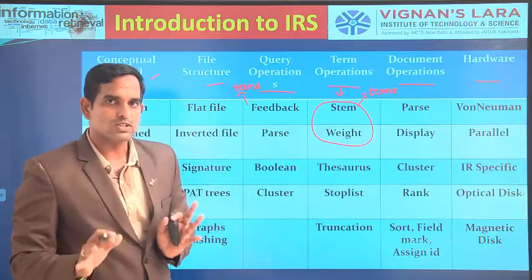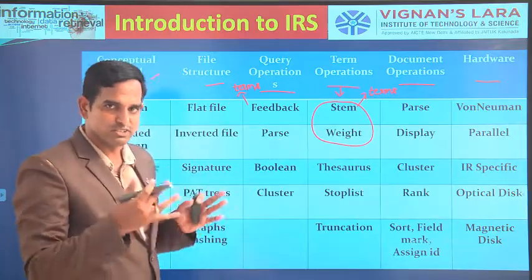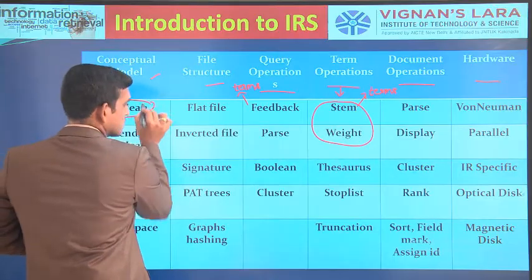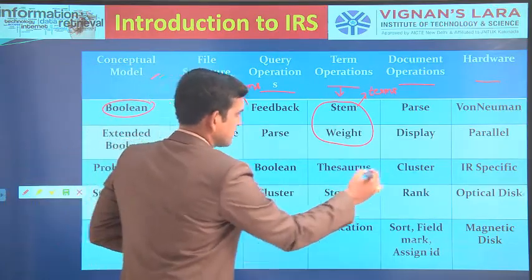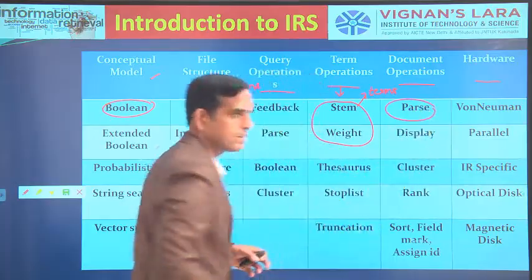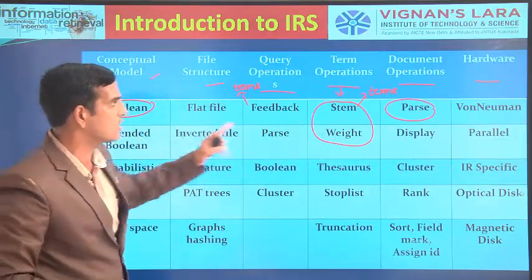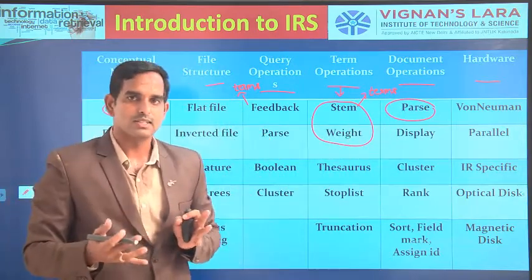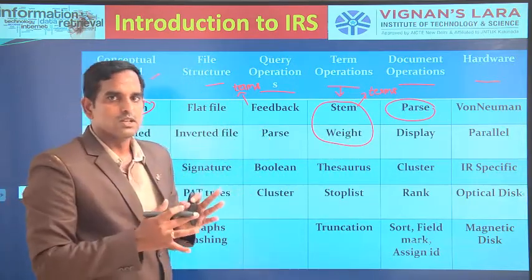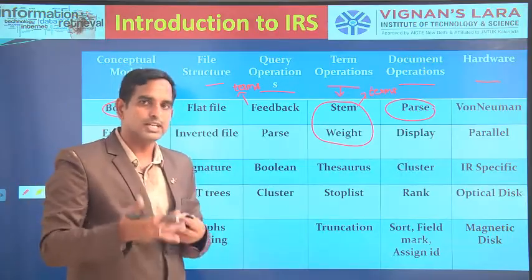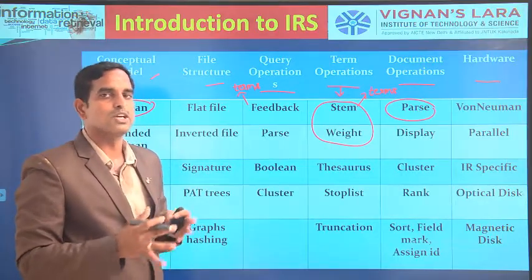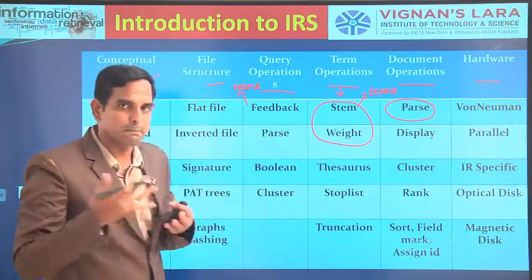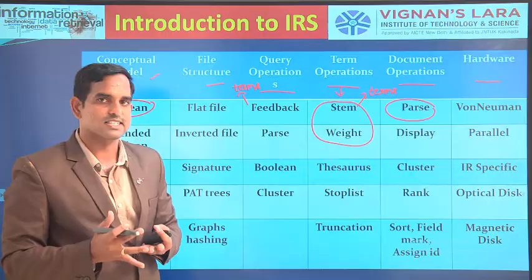Okay, there could be things which will be contradictory. As I already told you in the example, a boolean thing should not be used with your parsing. So whenever you are implementing your boolean conceptual model, you should not be using parsing for your document operations like this. They will be contradictory terms. But basically before going into the depth of your information retrieval system, you need to know that these are the terms you have and these are the things you can implement as a part of information retrieval systems.